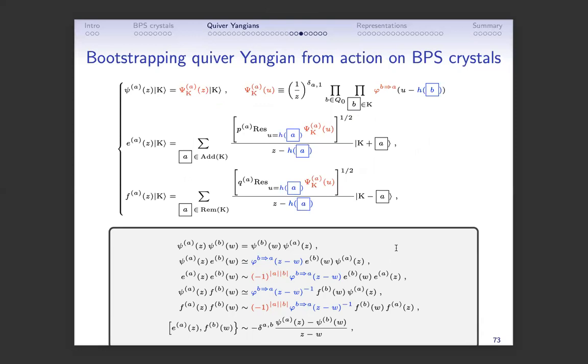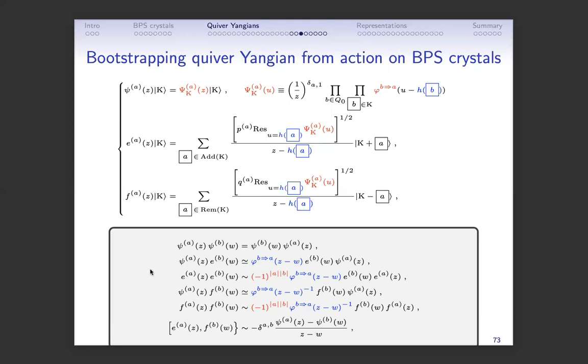Now we write down this algebra's action on this set of BPS crystals. From this, you can actually reconstruct the algebra relations. You know how one operator acts on these states. Now you apply two operators, exchange the order, and compare the two sides. You see it is actually very simple.